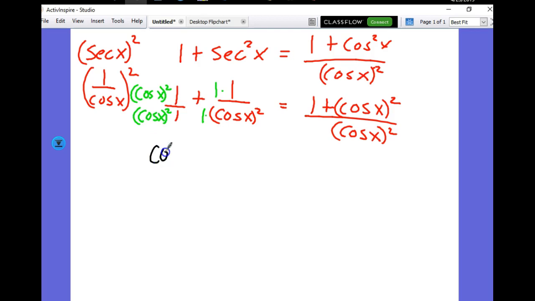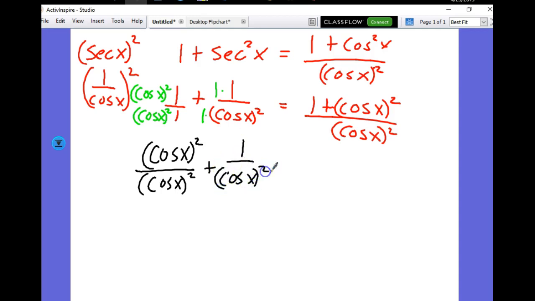So what I'm left with as a result of that is cosine of x squared over cosine of x squared plus 1 over cosine of x squared.